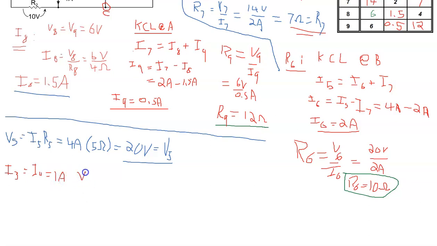And so by Ohm's law then, V3 is equal to I3 times R3, and we have 1 amp times 15 ohms, and that should have been a bracket there.